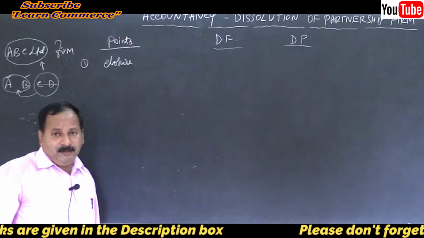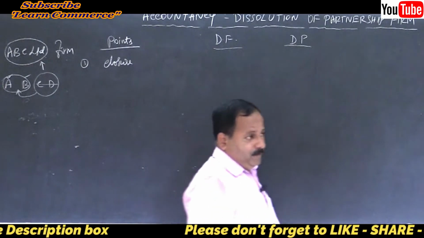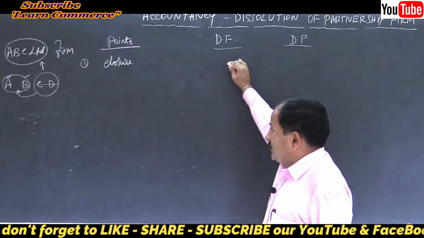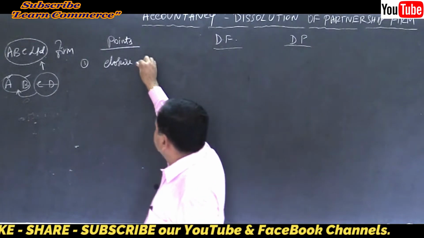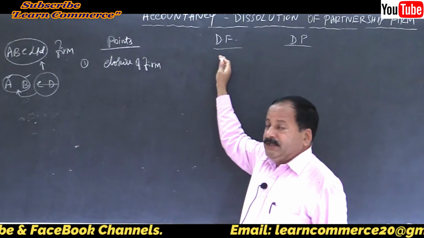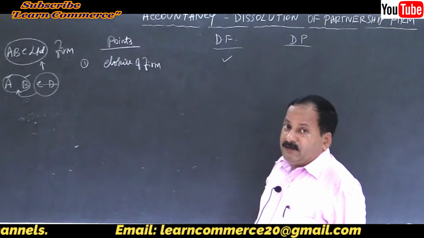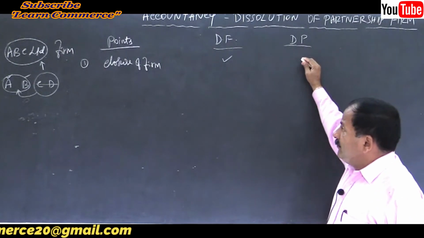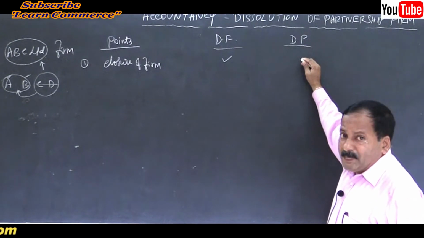As I already told you the meaning of dissolution of partnership and firm, whether the firm gets closed under dissolution of firm, yes. Whether closure of firm takes place in case of dissolution of partnership, no.